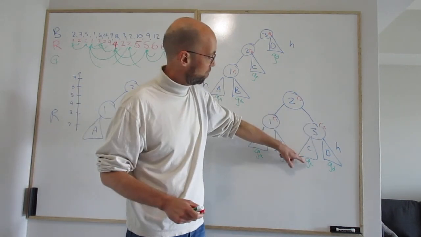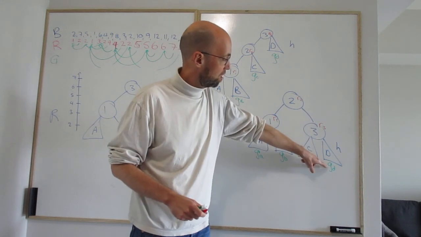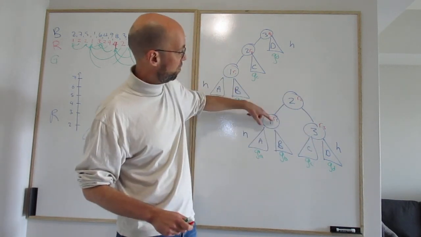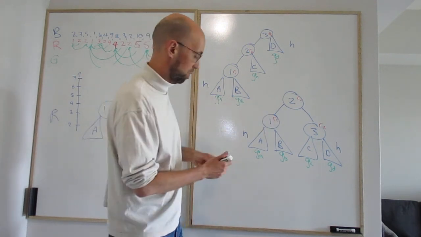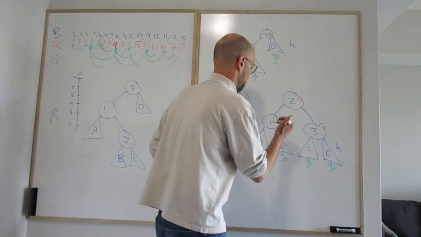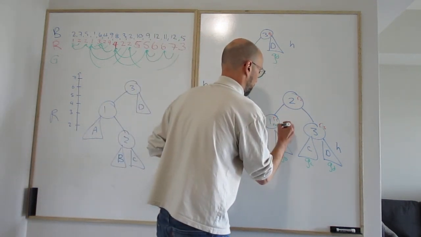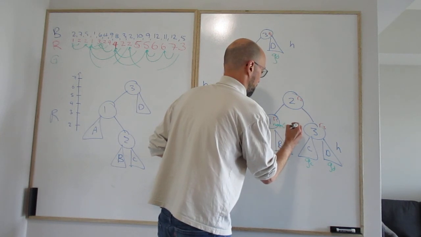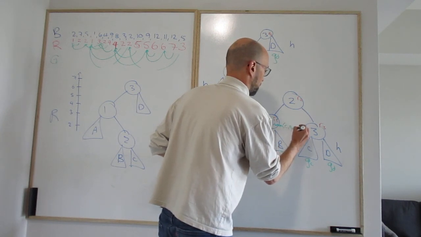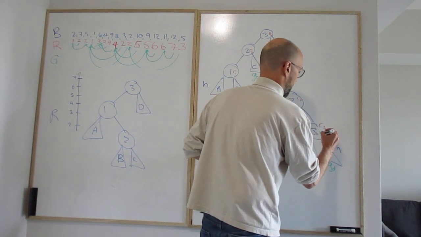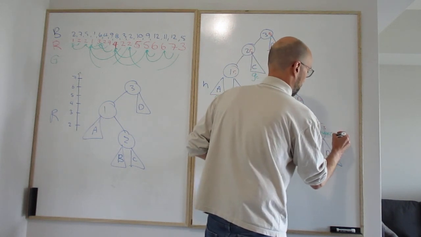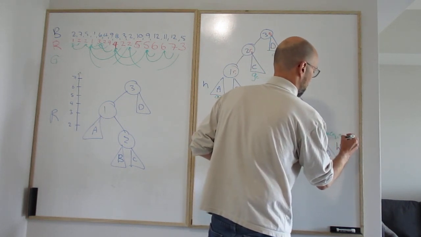Here it's max of GC, R3, and GD. And here it's the max of this green value, so max of R1, GA, GB, and max of R3, GC, GD.